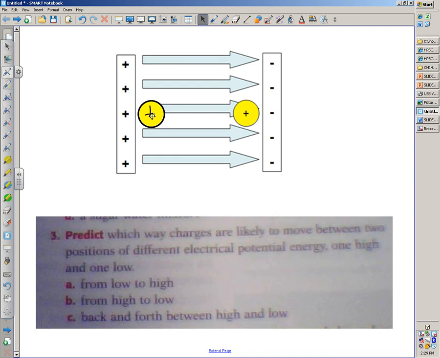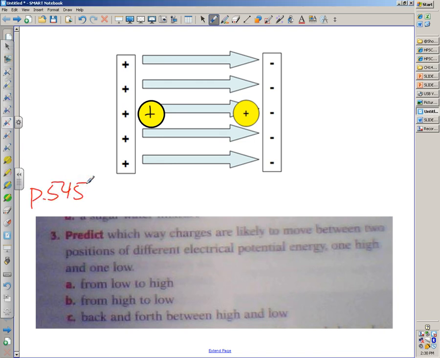Okay. So, Katie, you asked a question to me before class started about a homework problem from last night, right? Okay. This was on page 545. And this is question number 3 from page 545.